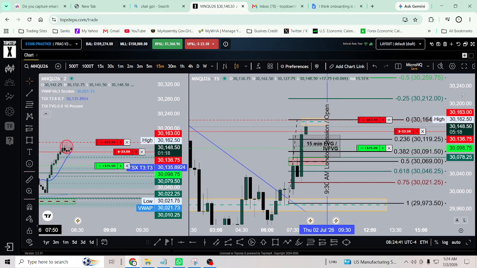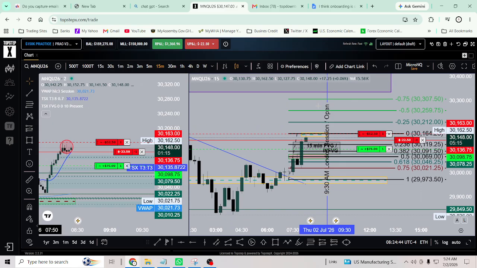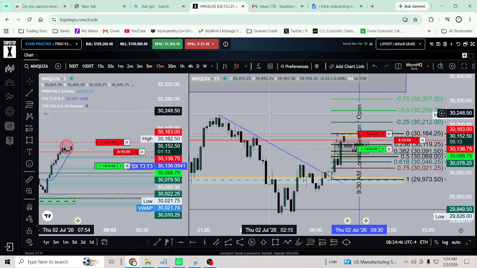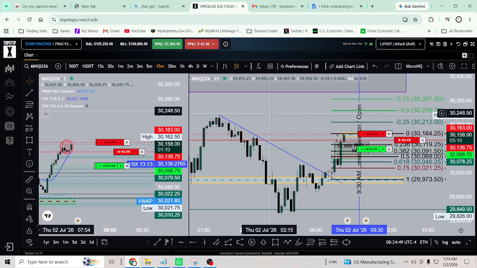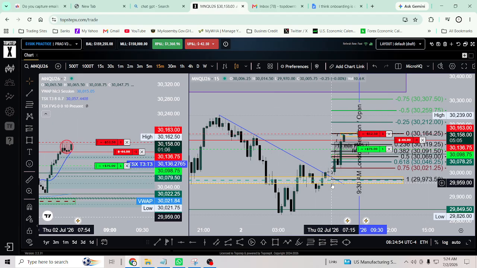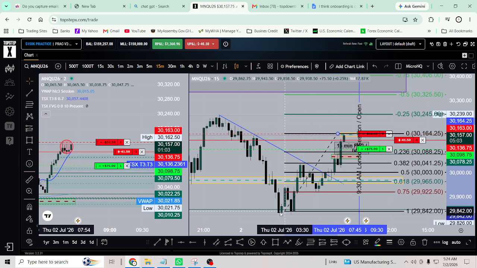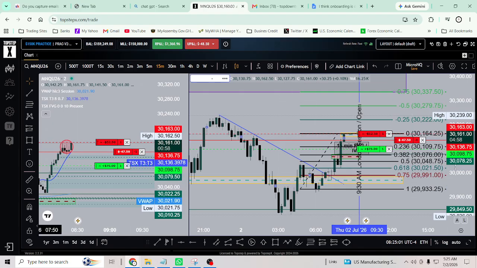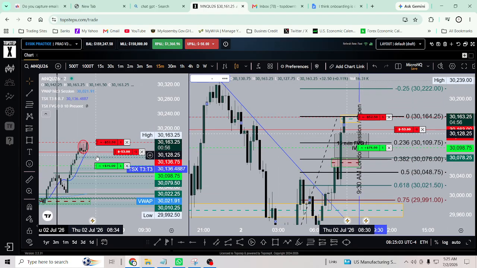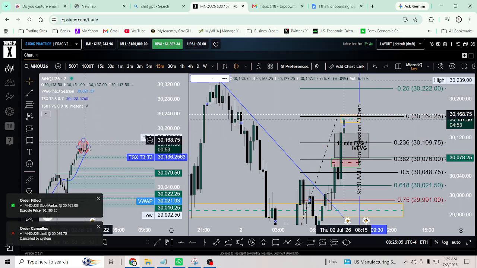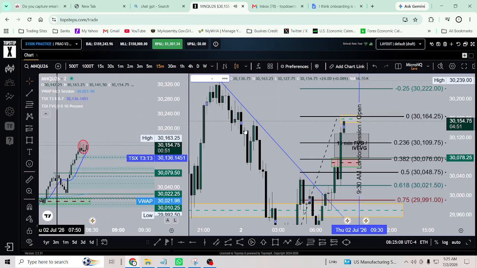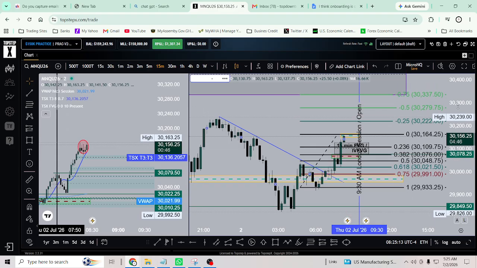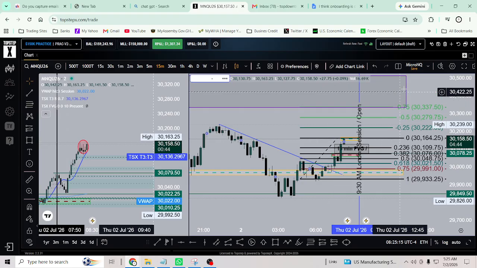This is a different strategy that comes in your higher tier level, your level 2 training. So it didn't go in that direction. So I got stopped out, but I didn't risk a whole lot on that trade. We have another entry here.